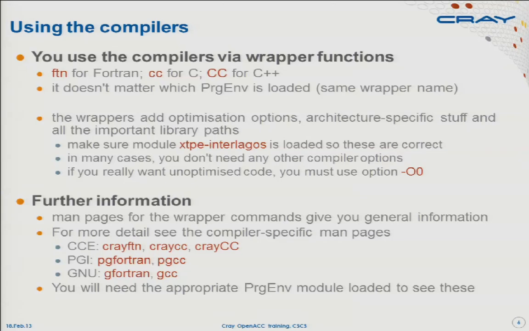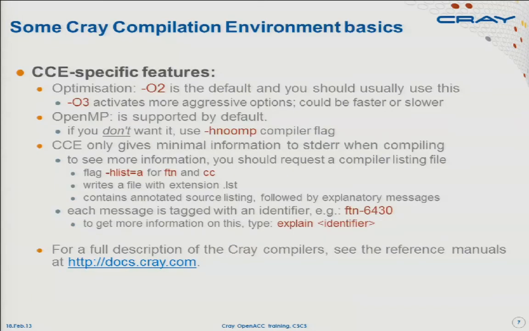These are the names of the actual compilers, and if you want to learn more about particular compiler flags, you can look at the man pages for those commands. When you compile with the Cray compiler, you don't get a vast amount of information scrolling up the screen. If you really want to see what the compiler is doing with your code, you need to ask for a compiler listing file, a so-called loopmark file.